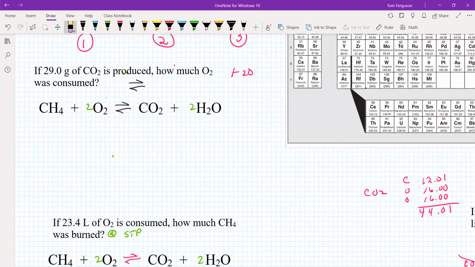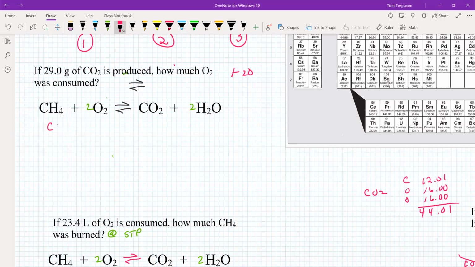Okay, using the same reaction. 29 grams of carbon dioxide is produced. How much oxygen was consumed? Okay, so the given, we always go to the number: 29 grams of carbon dioxide.